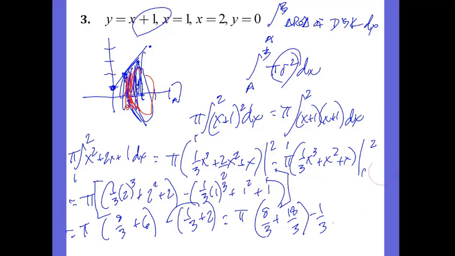Remember that negative is going to distribute to the 2, and that's just going to be 2 is the same as 6/3. So you get 26/3 minus 7 would be 19 pi over 3. Alrighty. Later, y'all.